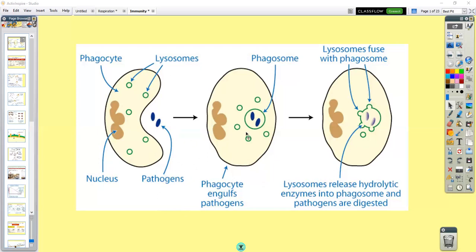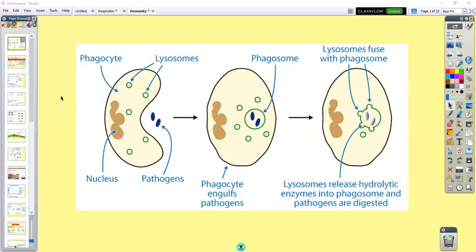Okay, so essentially that means that their cell membrane forms around the pathogen and engulfs it. It forms a phagosome, so it puts a membrane around it. Lysosomes move to the area and release enzymes that break down the pathogen, and then that can be digested. Okay, so that's the non-specific immune response.